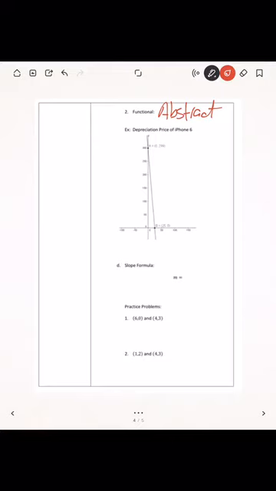So, for example, this graph right here talks about the depreciation of the iPhone 6 over time. Now, the iPhone 6 started depreciating in value as soon as the iPhone 7 came out. It's kind of hard to see here, but this is week 0.